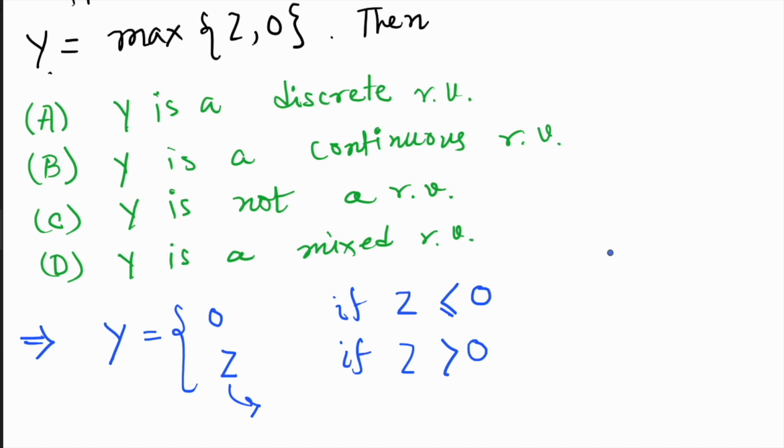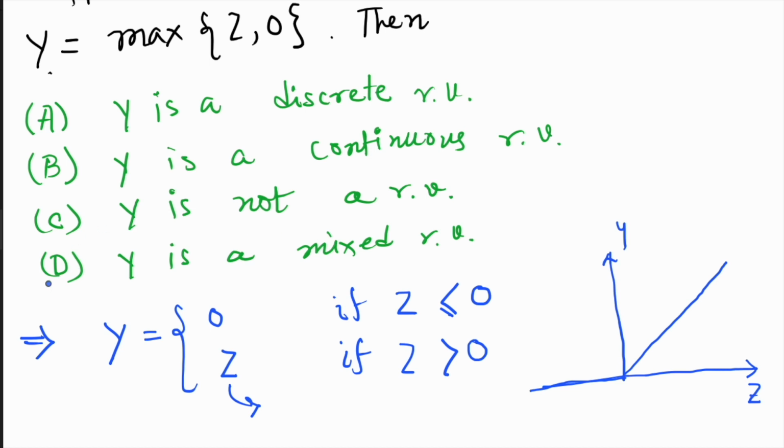So the variable Y looks like this. If this is Z, then Y will be 0 in this side, and in the other, Y equals Z. So now you can see this is a mixed random variable, where for Z less than 0 it is a discrete random variable, and for Z greater than 0 it is a continuous random variable.